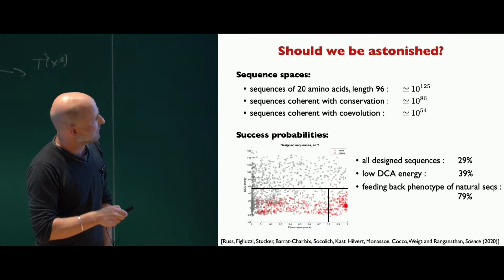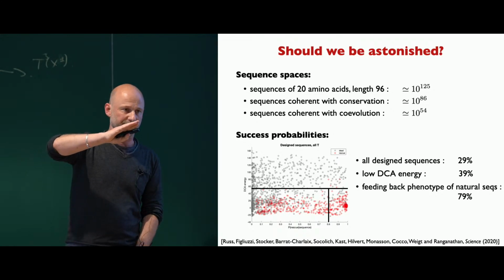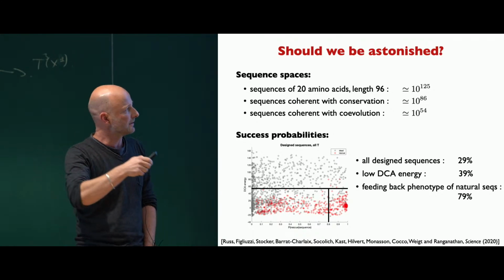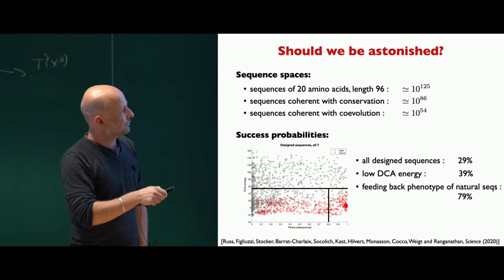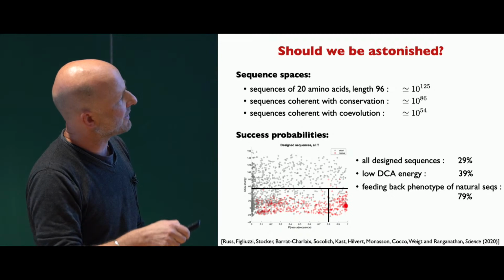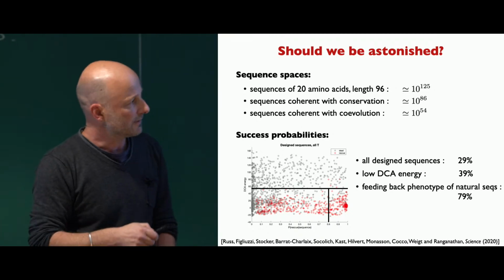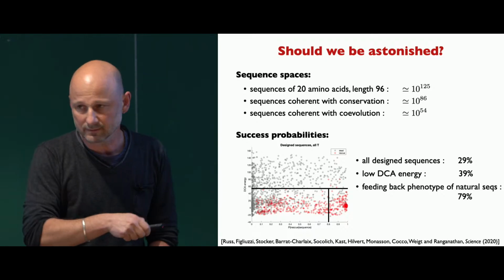If you use a model which also has coevolution, so in statistical physics language fields and couplings, this goes down to 10 to the 54 sequences. A random sequence we would estimate has a probability of 10 to the minus 70 to be functional, whereas we find finite probabilities.